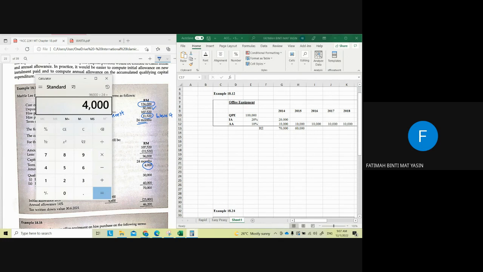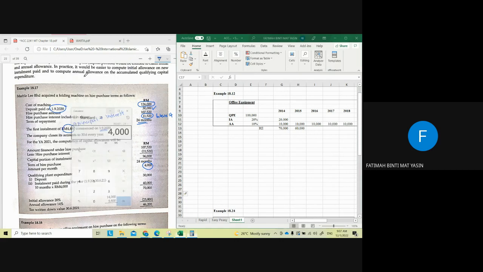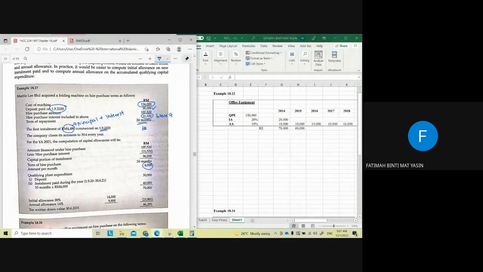That's when you have 4,000 ringgit. This figure is without interest. That is a shortcut. Again, the cost minus deposit, then divide by the number of installments, and you will have the amount the company needs to pay per installment without the interest.